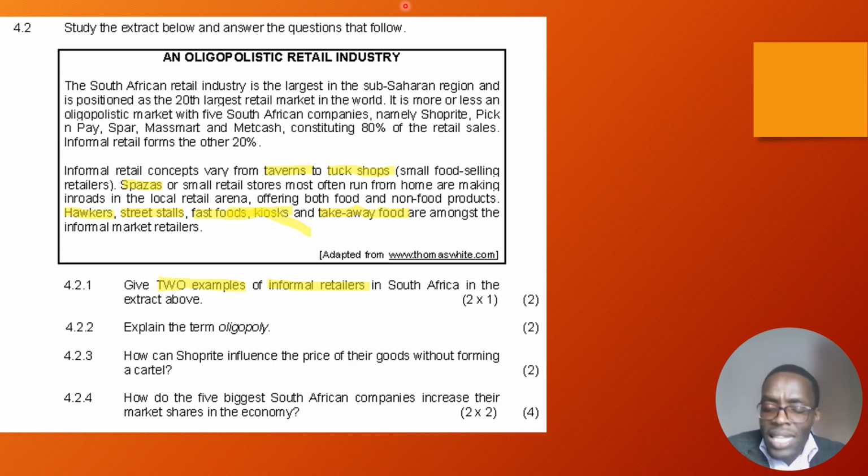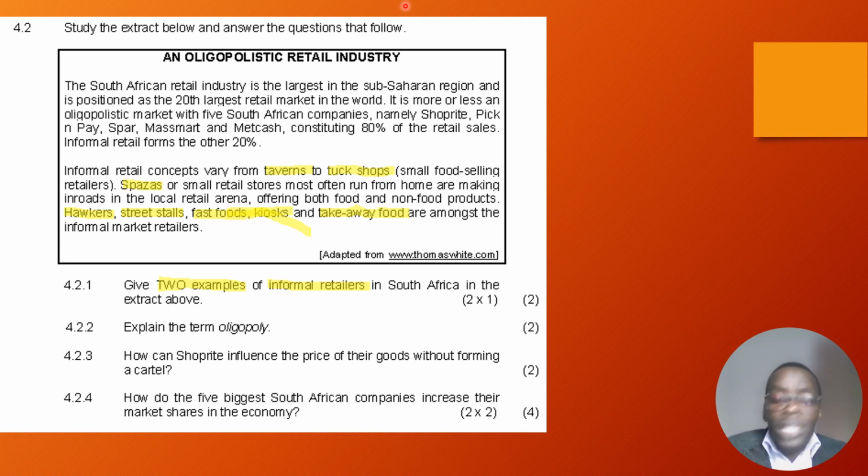So the loyalty card is also another way that they can use to try and make sure that they dominate the market, because once you have that card, you are going to be visiting that shop every time to use that card so that you can get reward points, or sometimes even a discount. So that's another way that they can use.